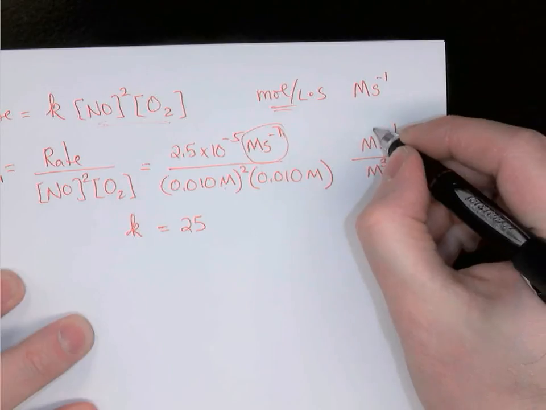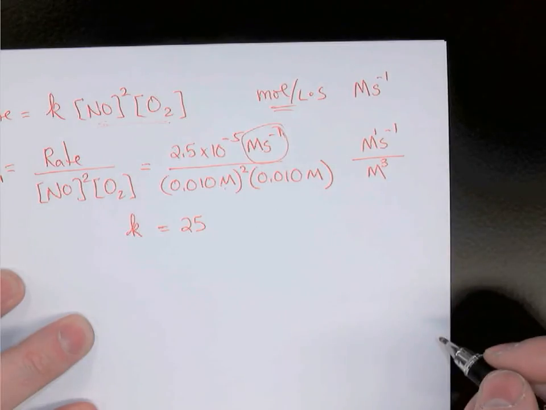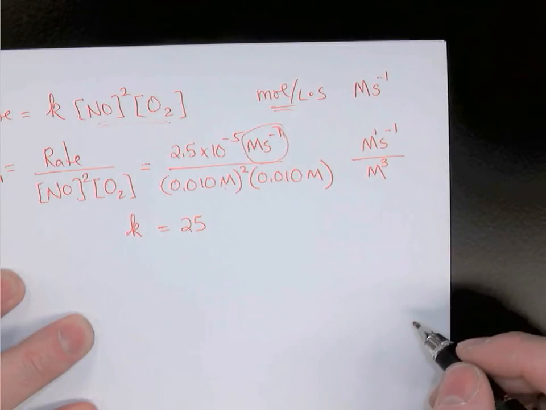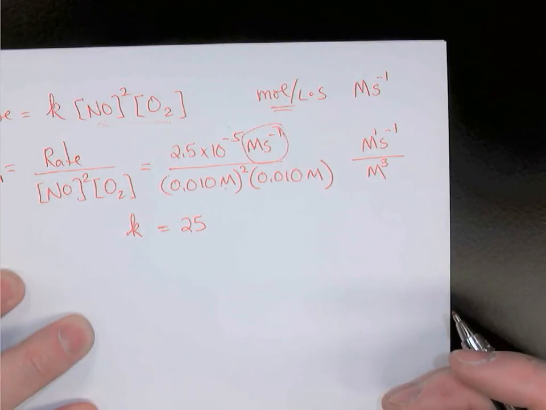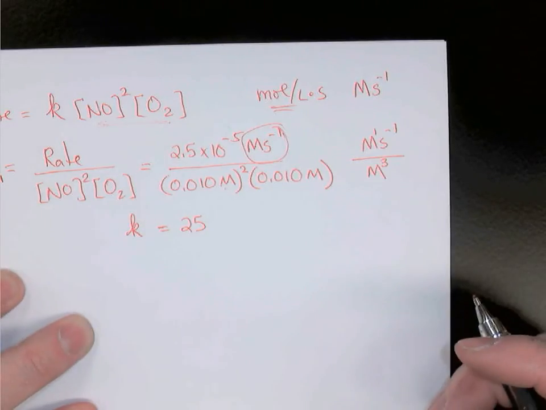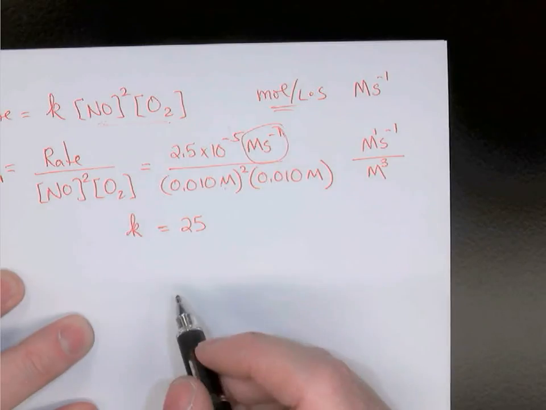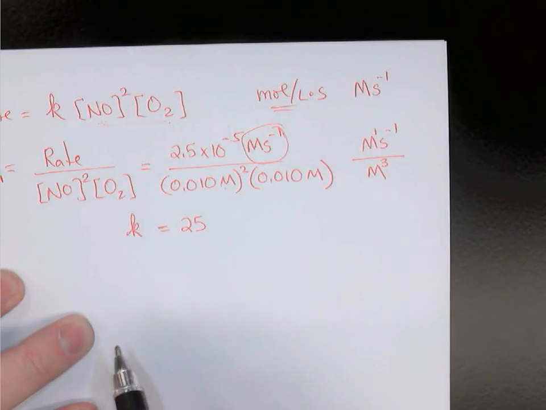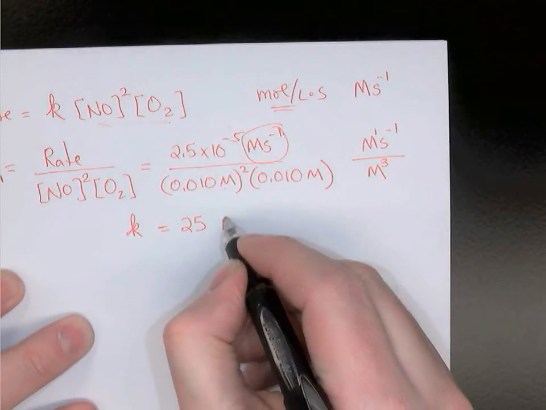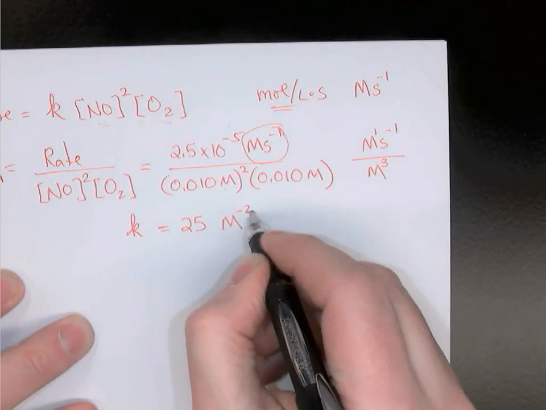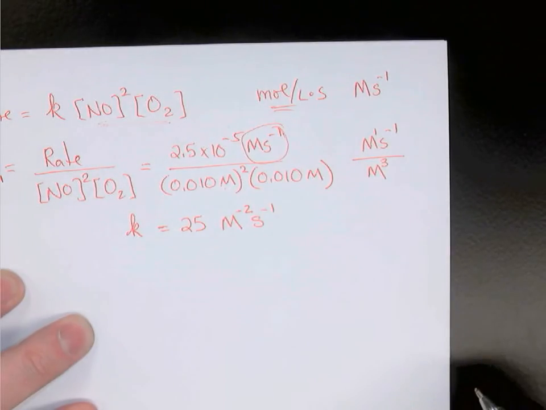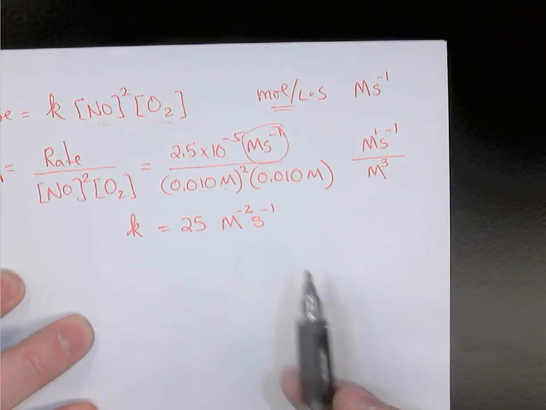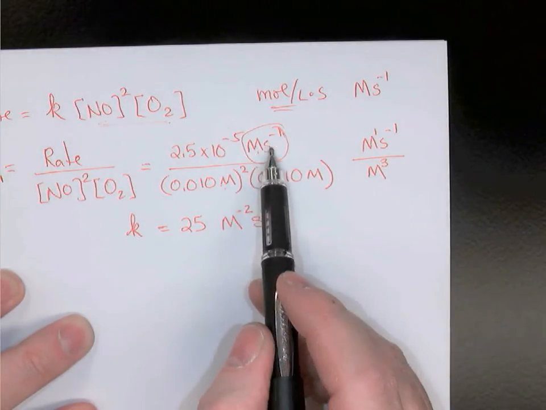And now on the top we have a molarity to the 1, on the bottom we have a molarity to the 3, and when you divide powers with the same base, you subtract the exponents. So 1 take away 3 is negative 2. So this thing's units are molarity to the minus 2, and then we still have the per second. So again, on the top we had just a molarity per second.